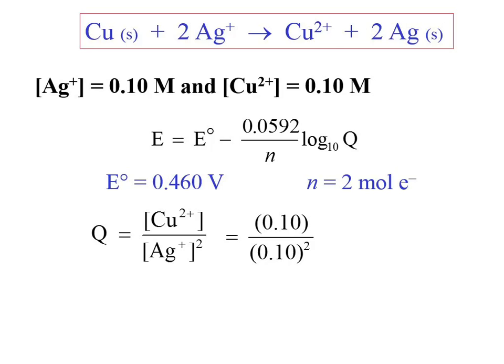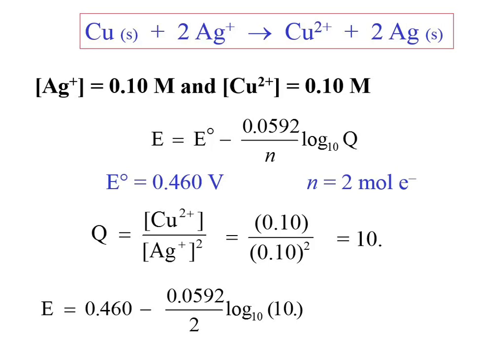Okay, so Q is equal to 0.1 molar divided by 0.1 squared. That's where that all came from. And that's going to be our Q in our Nernst equation. So that doesn't look too hard. So you end up with 10, 2 significant figures, is your snapshot, your reaction quotient.